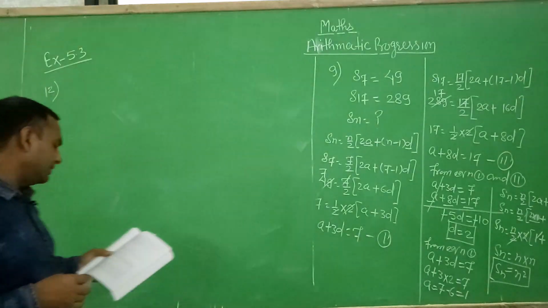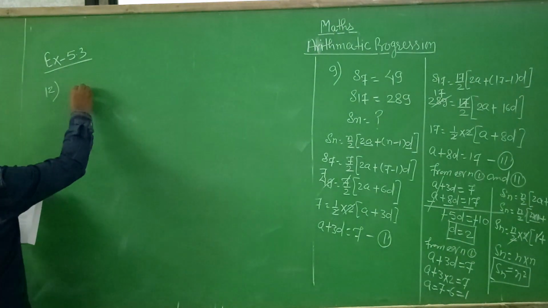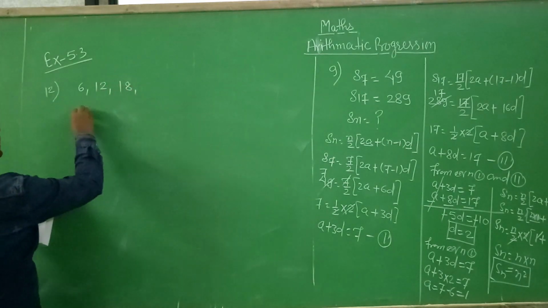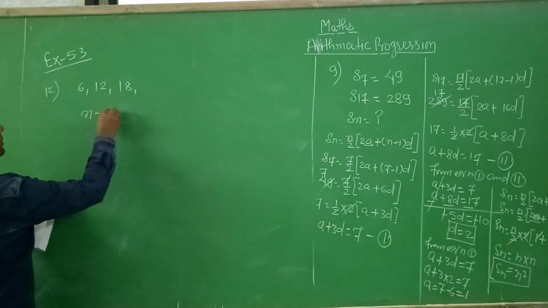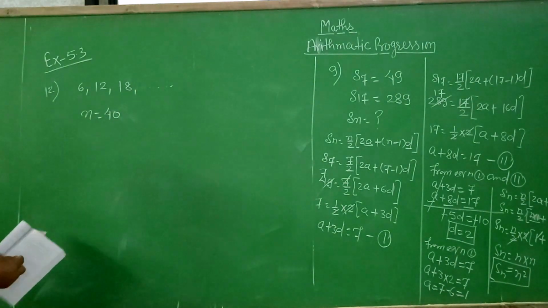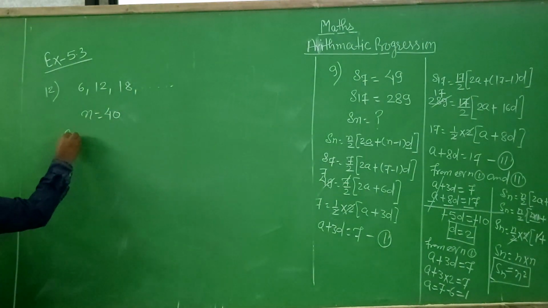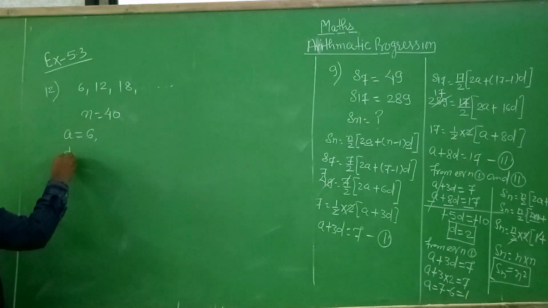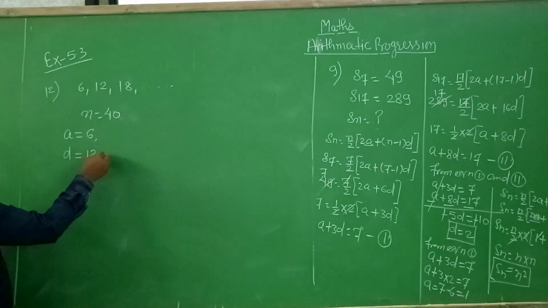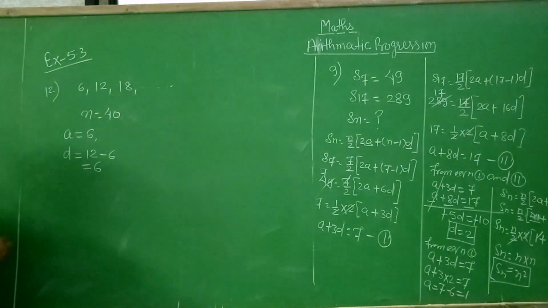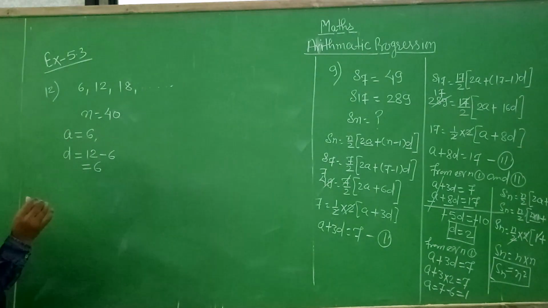So you count the table of 6: 6, 12, 18, and so on, where n is equal to 40. Here you can see that the first term a is equal to 6, and the common difference d is the second term minus the first, 12 minus 6, which is also equal to 6. Here n is given, which is 40.